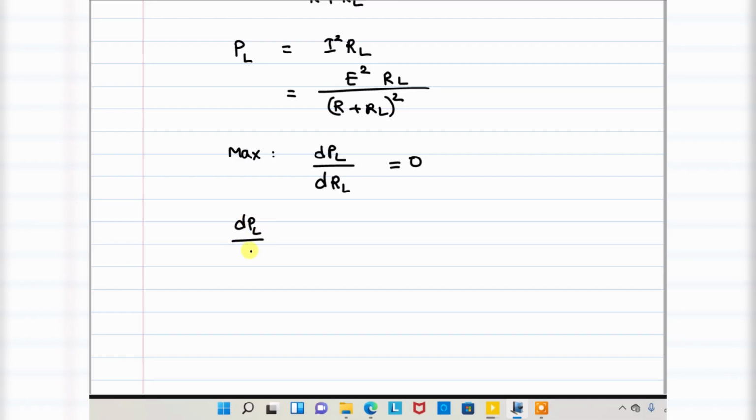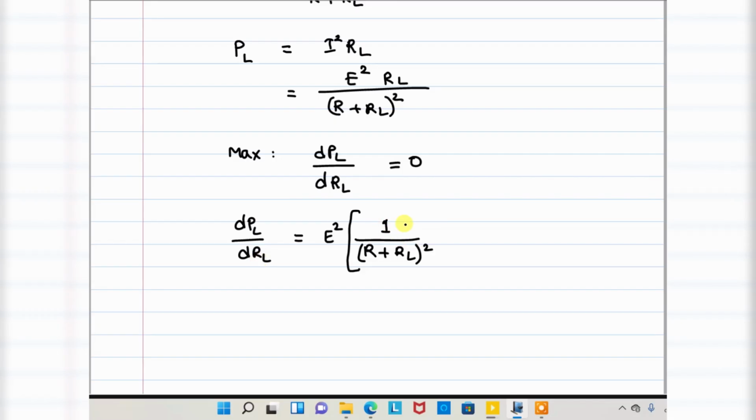The derivative of PL with respect to RL equals E squared, which is a constant, times the derivative using the u by v rule. I hope everyone knows the u by v formula. The derivative of RL is 1.